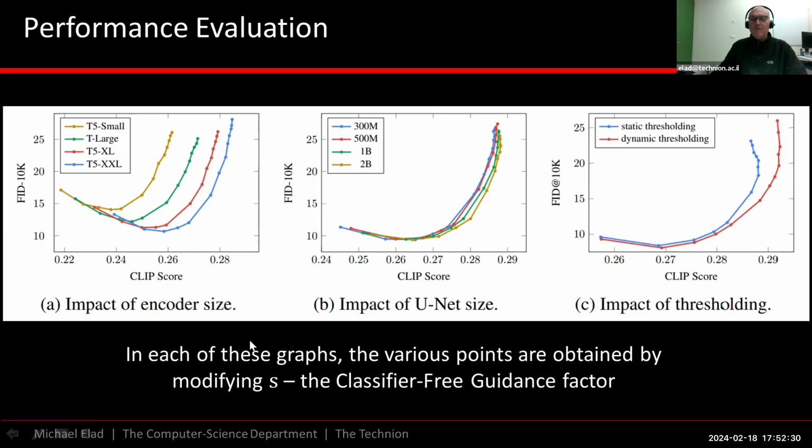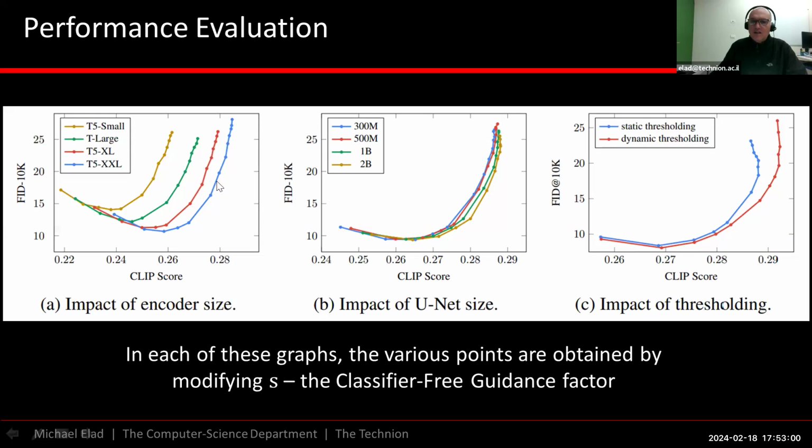As for the CLIP score, what they have shown is 3 graphs: one that corresponds to the effect of the text encoder, the effect of the UNet for the denoiser, and the effect of the thresholding, dynamic versus static, what I've shown you. What you see here is the following. In all those graphs, it's FID versus CLIP score. Now, I remind you, CLIP score you want to be as high as possible, FID you want to go as low as possible.